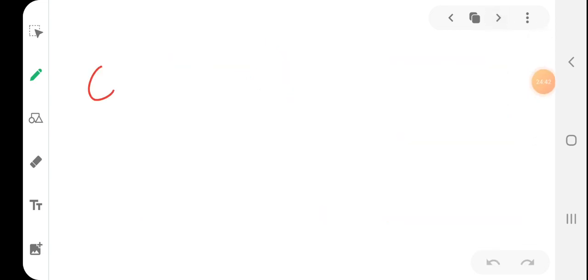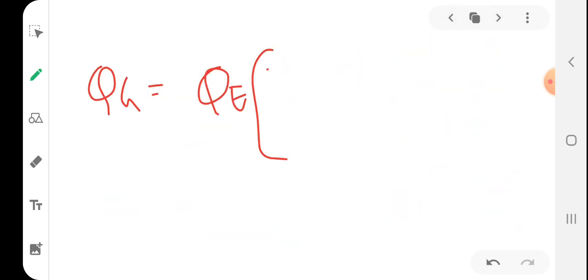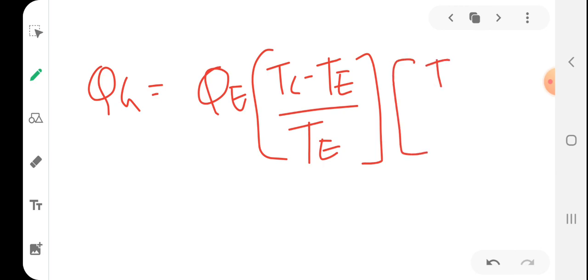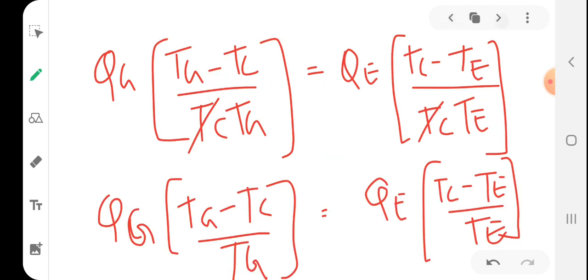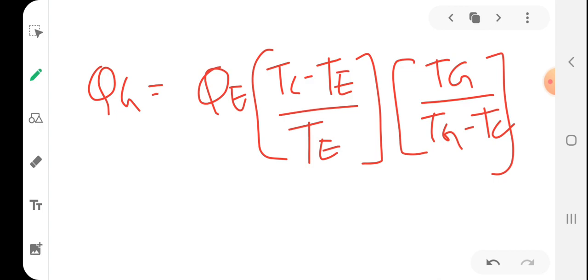So QG can be written as QE into (TC minus TE) by TE, into TG by (TG minus TC). This is how we get an expression for the heat supplied in the generator in terms of the heat extracted in the evaporator and the various temperatures at the evaporator, condenser and generator, right?